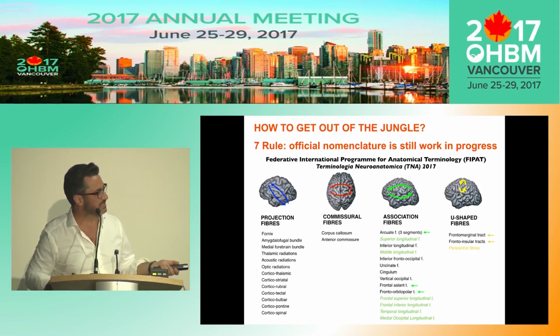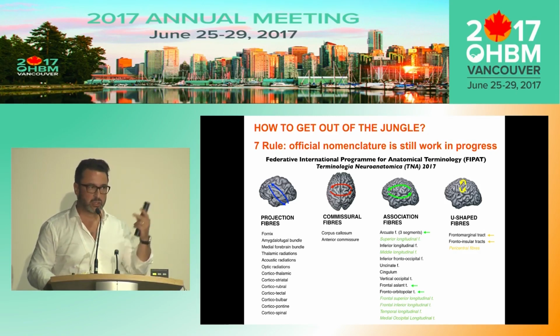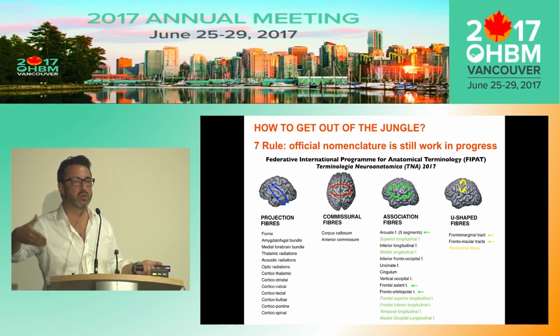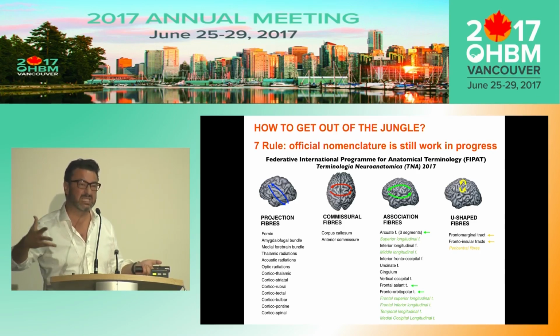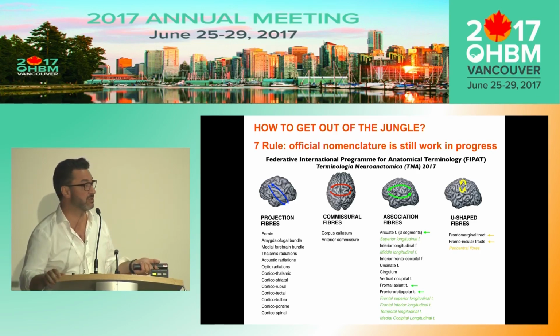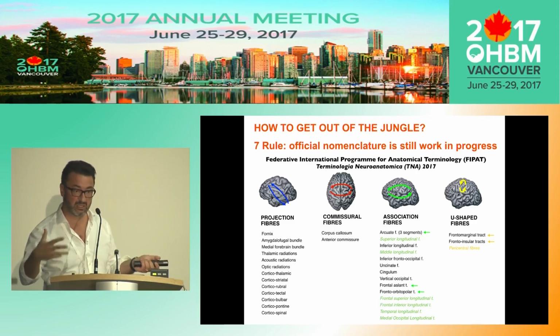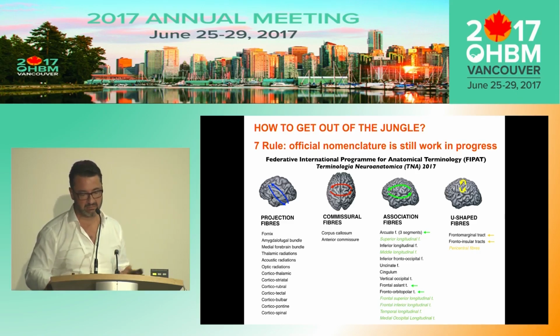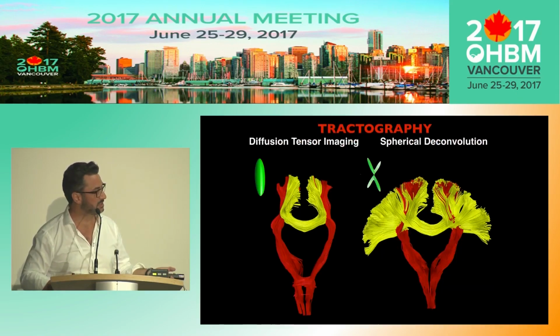The reasons for that are two main reasons. First, some of these tracts come from the monkey work, like SLF 1, 2, and 3, and they have only recently been described in humans, using tractography, for example, or postmortem dissections. Others are really recently described.